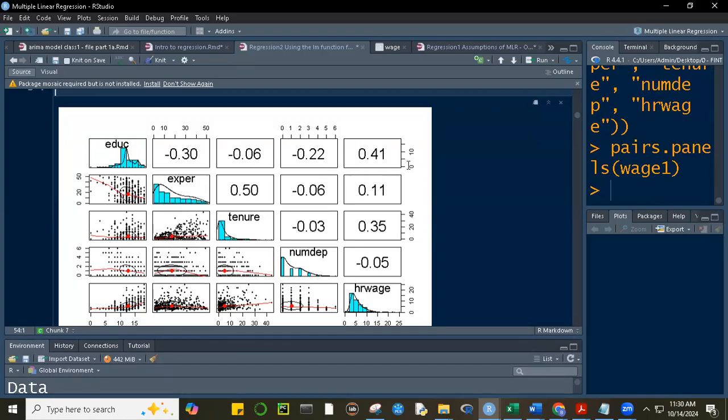If we're going to choose only one independent variable to try to explain hourly wage, then the option would be education, having the highest correlation with hourly wage. And the least would be number of dependents, because number of dependents, class, has only 0.05 correlation with hourly wage. If we were to choose two, education and tenure. The third is experience.